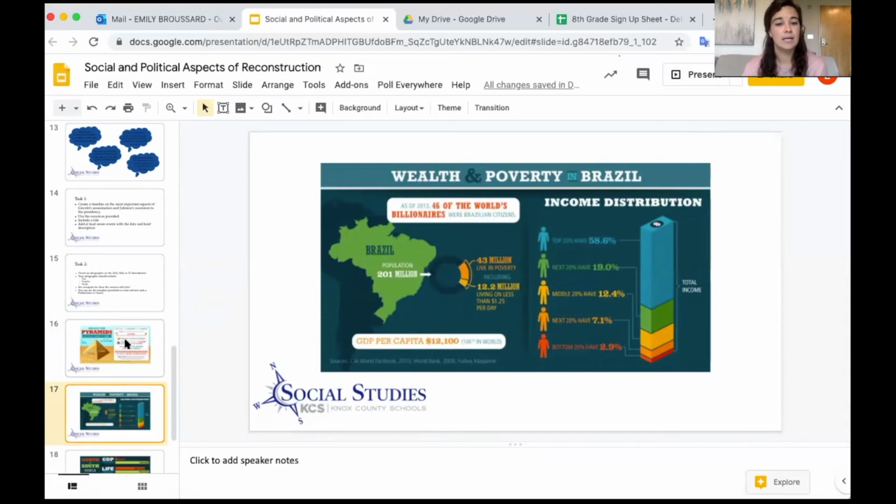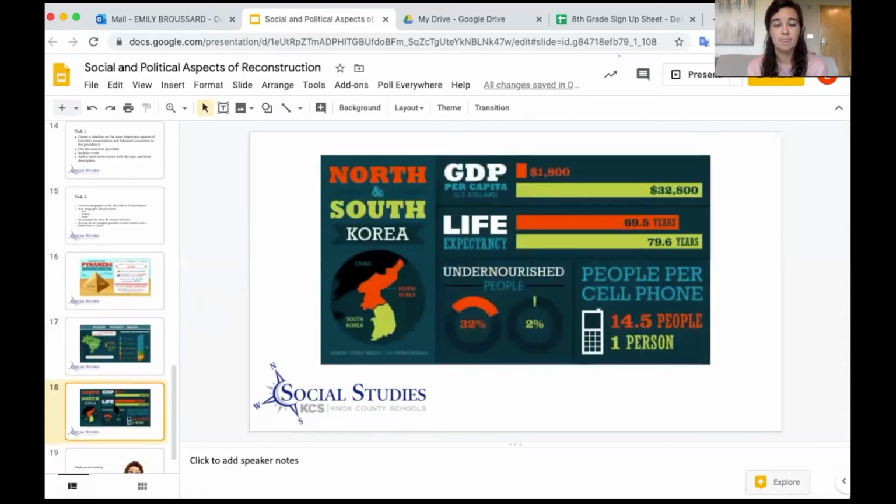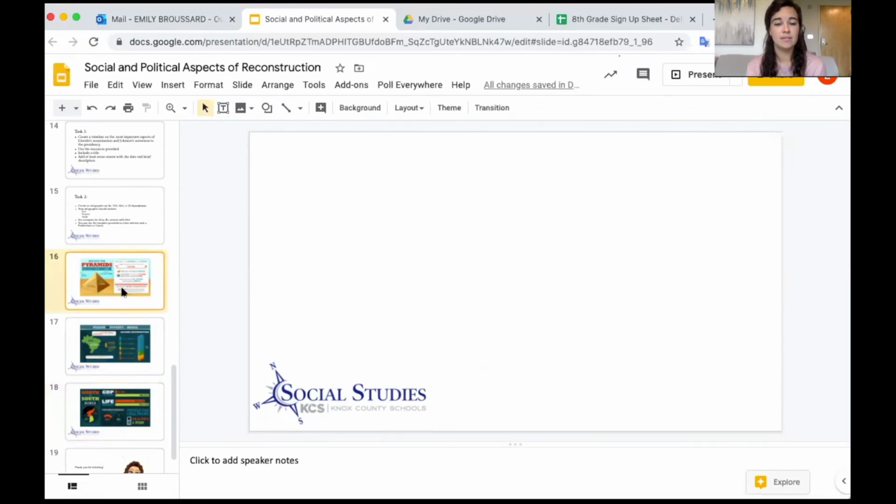And like I said, you can look and see that this has text. It has a title of some sort. It has an image and it has a graph. Same with this one, North and South Korea. It has image, graph, title, text. And then let's see, that one's not going to show, but that one's on the pyramids.